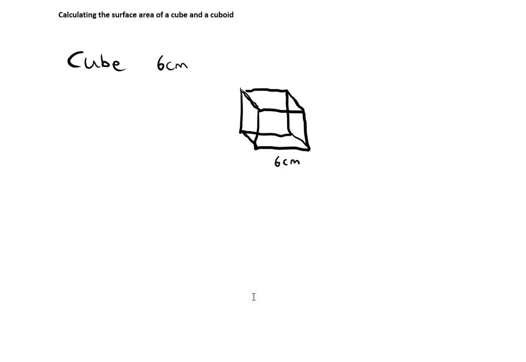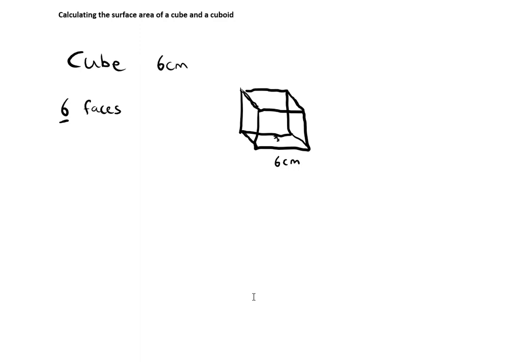And in order to calculate the surface area, we want to know the area of all of the cube's faces. And we know that a cube has 6 faces. So if we get the area of one face and then we multiply it by 6, we will have the surface area of all of the faces on the cube.